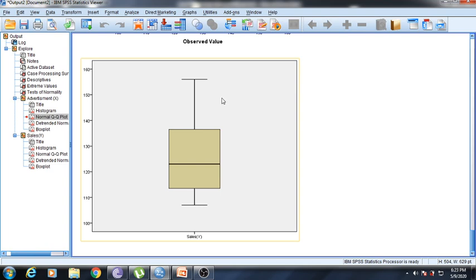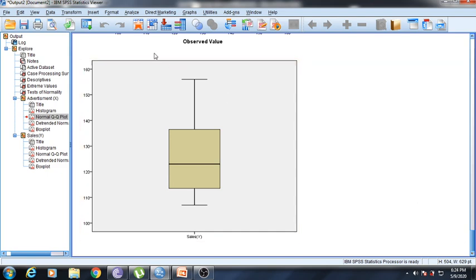If there would have been some outliers, you would find some value outside somewhere here. There are no points outside, so there are no extreme values in this data, and the data is normally distributed. So two assumptions we have already proved here: normality and no outliers.